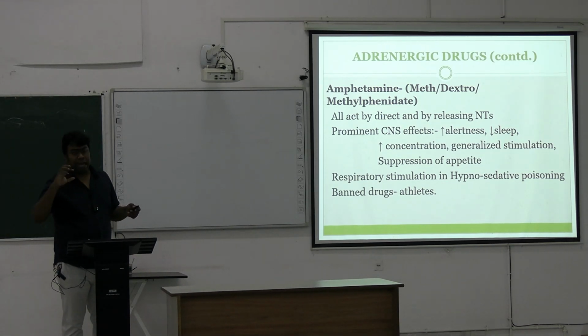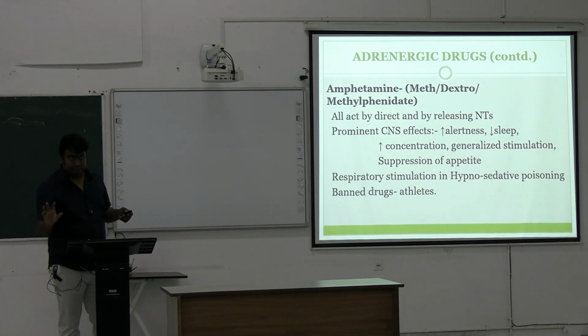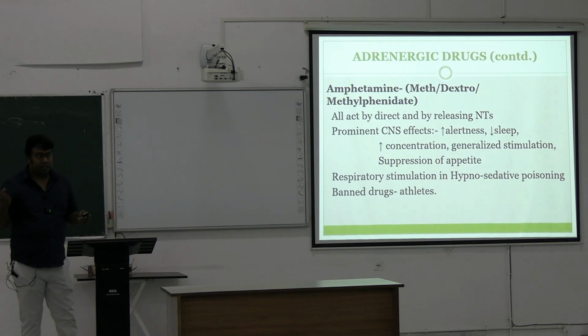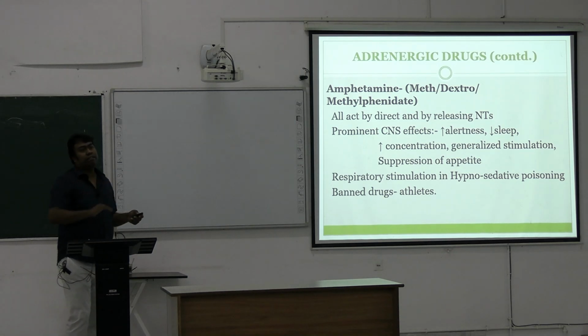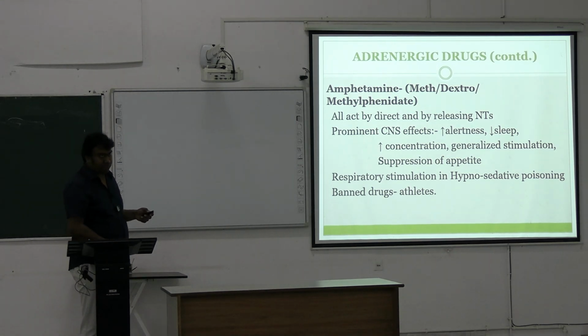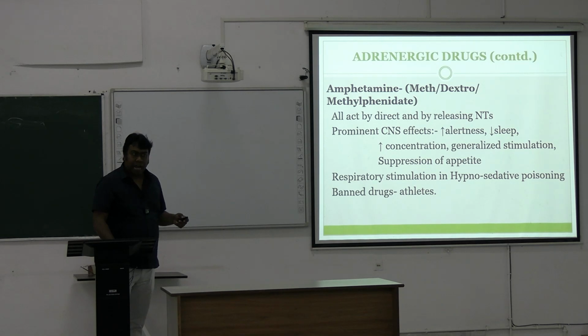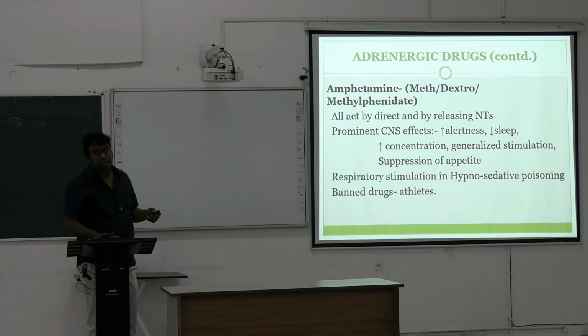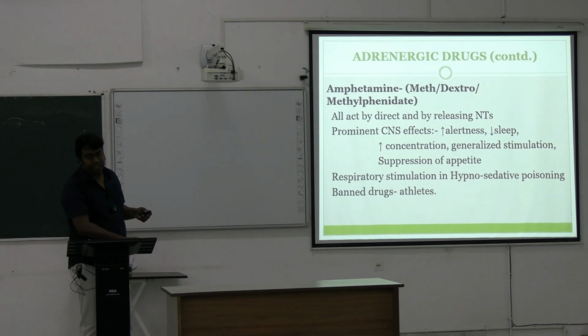They don't act on the similar receptor, but they stimulate the respiratory center, which is depressed by these hypnosedative drugs. Clear? So the adrenergic drug with a CNS effect is amphetamine.